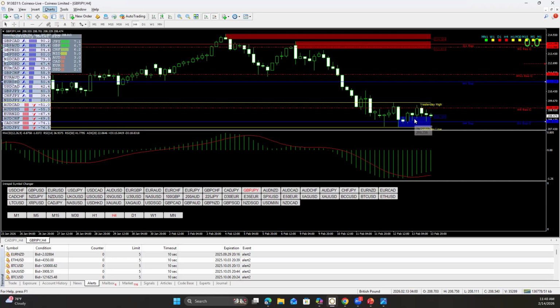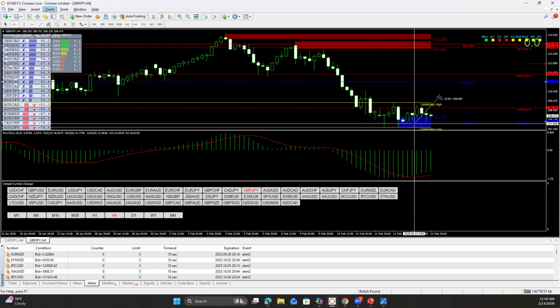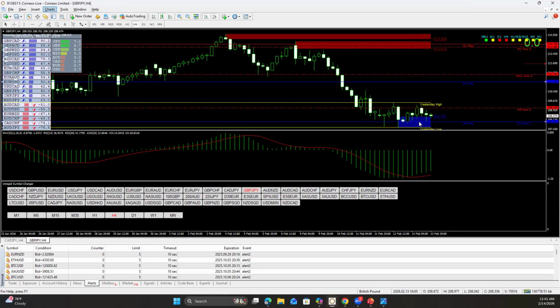And this is trading against the trend, coming up from structure. Now, when I say coming up from structure, I mean coming up from here. I'm not saying you come up here and then you get in here.